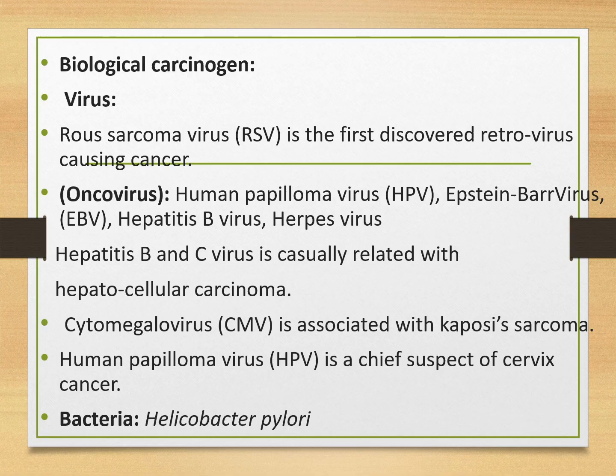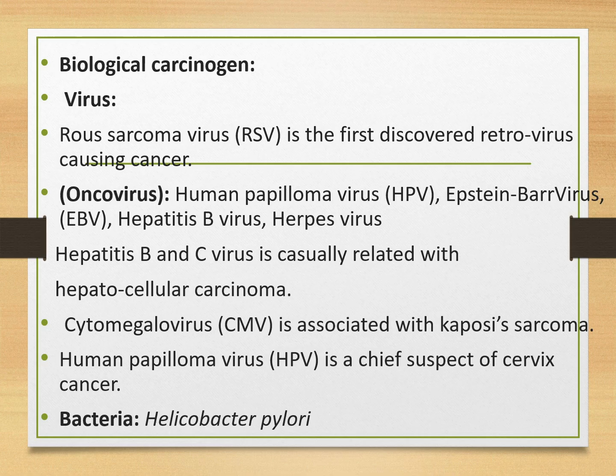Then biological carcinogens are there. It is virus, bacteria, etc. Virus example, Rous sarcoma virus, that is RSV. It is the first discovered retrovirus causing cancer. Cancer-causing viruses are known as oncoviruses. Examples: human papillomavirus, HPV, then Epstein-Barr virus, that is EBV, hepatitis B virus, and herpes virus.